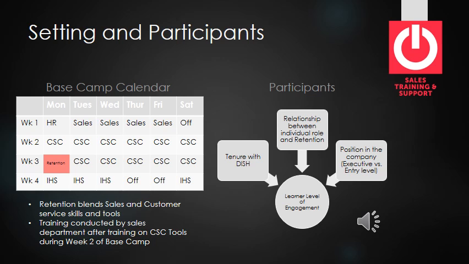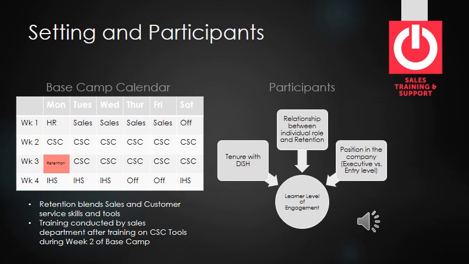This is necessary before retention training because many of the tools that retention agents use are the same tools that base campers will be trained on during their time in CSC. This allows us to spend more time during the 8 hours that we have on actual retention specific training material.